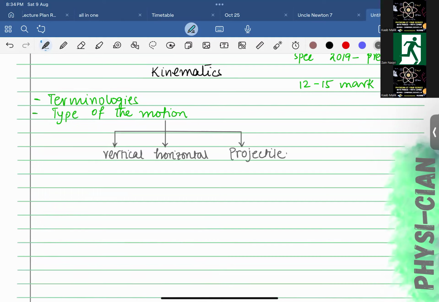About the vertical and horizontal motion, you've studied most of it in your O-levels.